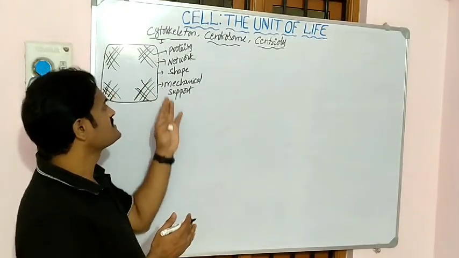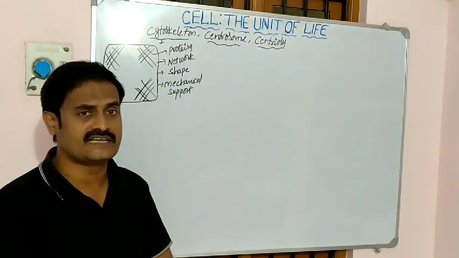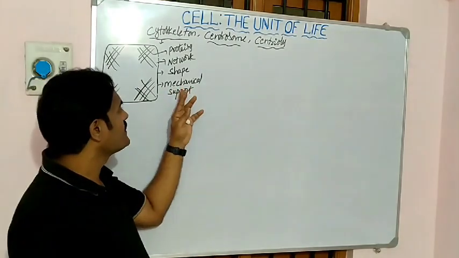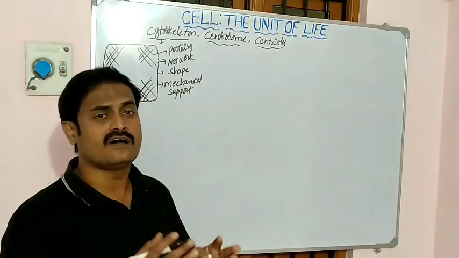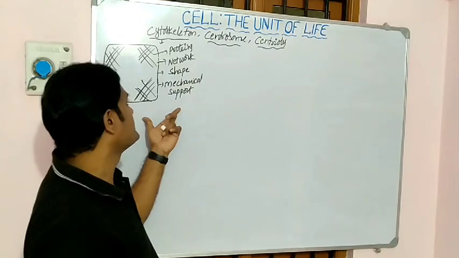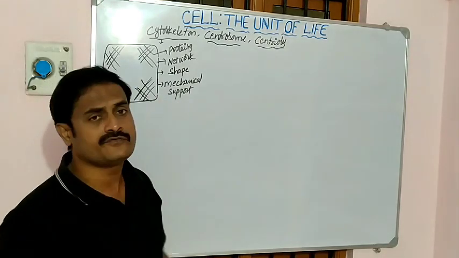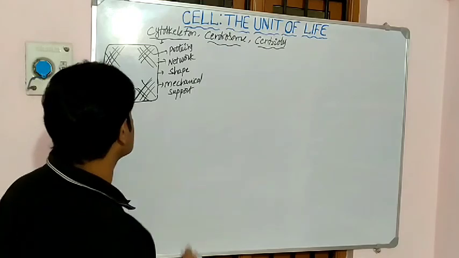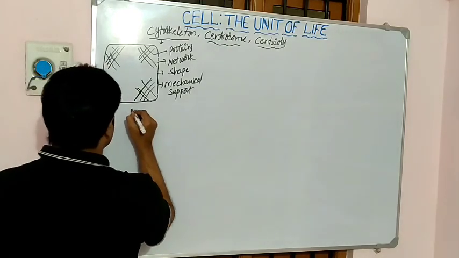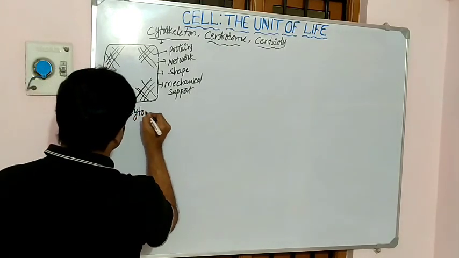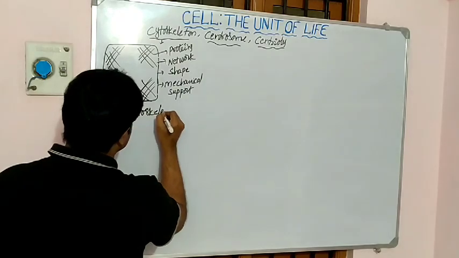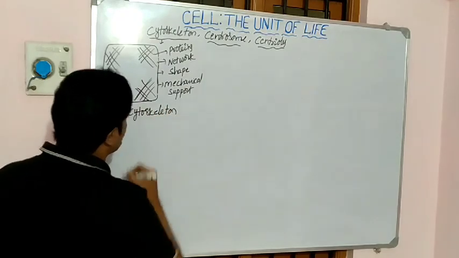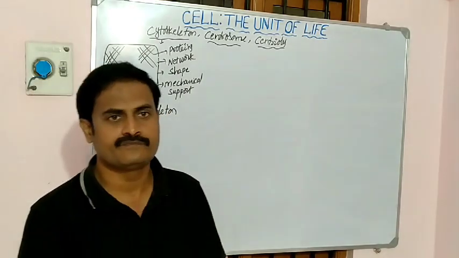So the cell shape depends upon the cytoskeleton, and at the same time it gives some mechanical support to the cell. These are the important functions of the cytoskeleton. Okay, the whole cytoskeleton is made up of different proteins.